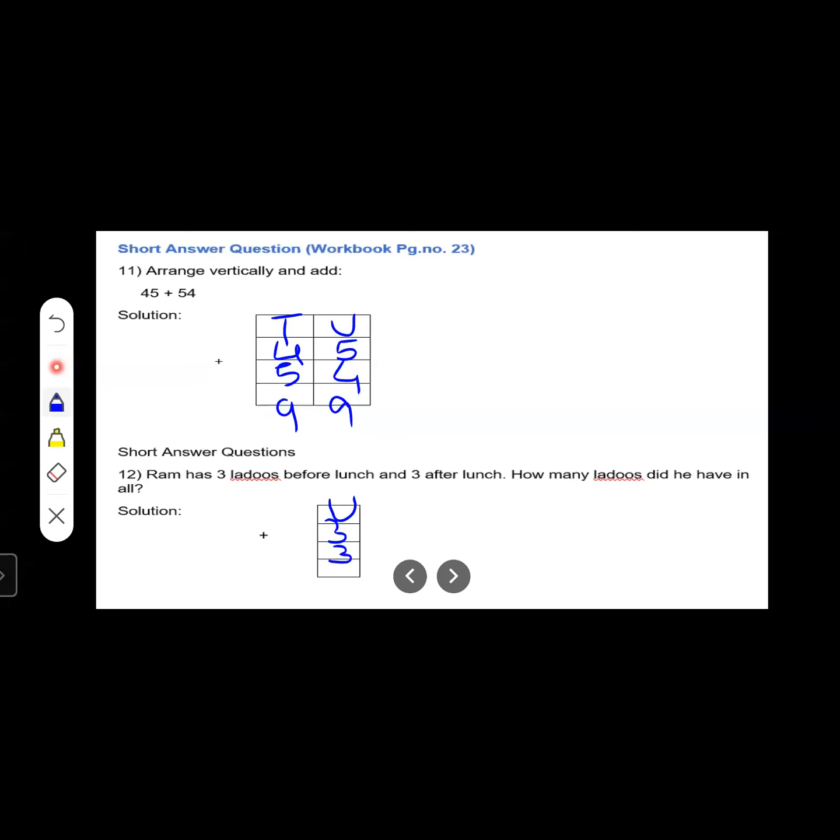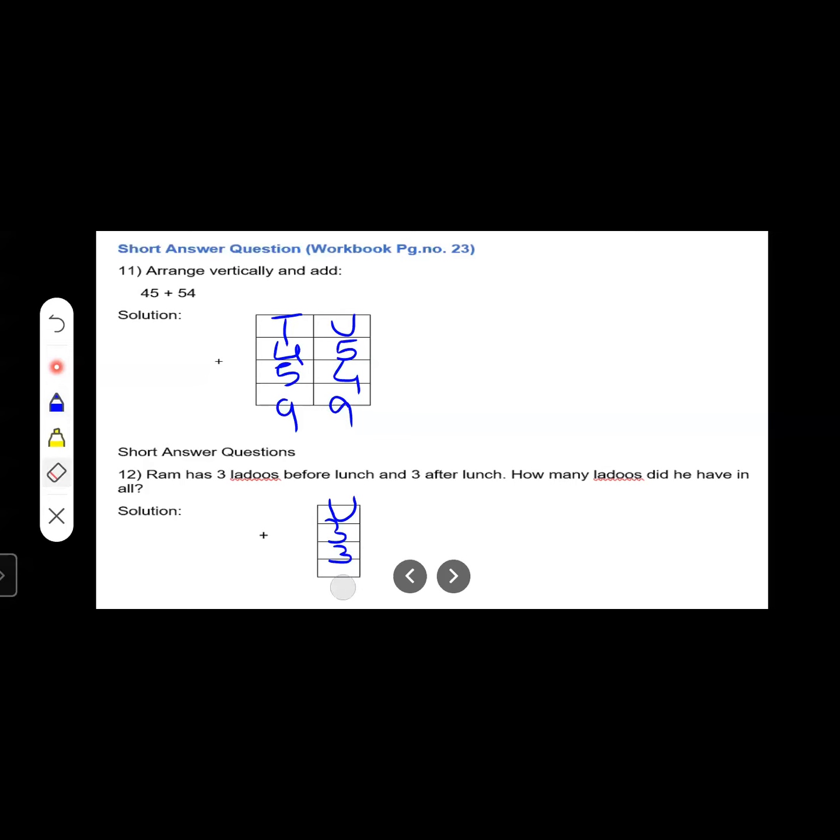Count after 3. After 3, which number comes? 4, 5, 6. Again count: 4, 5, 6. So 3 plus 3 is equal to 6.